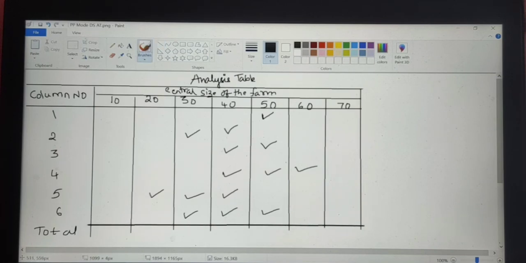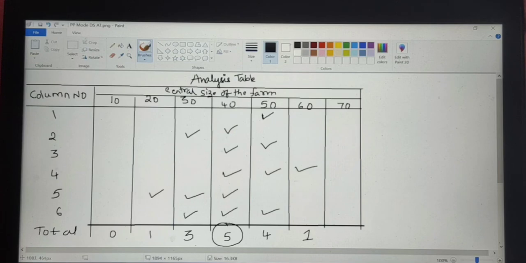So here we have none, it is 0. We have 1 tick mark. We have 3 tick marks. We have 5 tick marks, 4 tick marks and 1 tick mark. So here if you notice, the highest number of occurrences, that is the highest value that we got, is for 5.